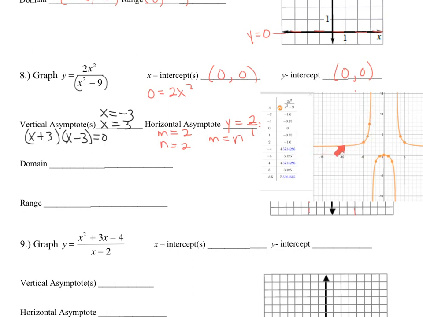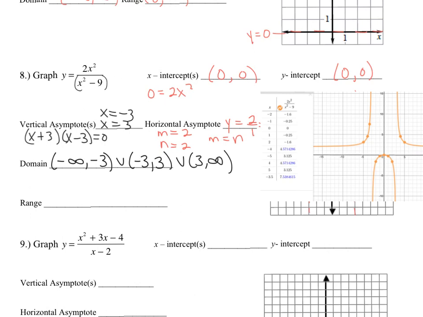So you'll have negative infinity to this first asymptote, which is negative 3. And then we have this section in between the asymptotes, and then we have the section to the right of x equals 3. So your domain for this one would look like this: negative infinity, comma, negative 3, union, negative 3 to 3, union, 3 to infinity.